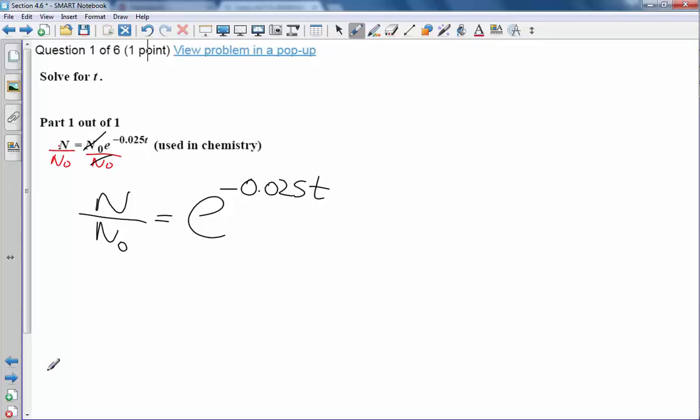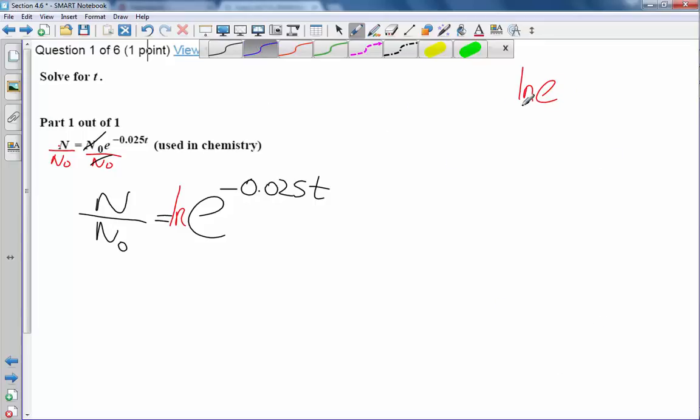Yes, this time we will use not the regular common log, but ln, because it's more convenient. Why? Because I know what happens when ln and e come together. They cancel to 1.